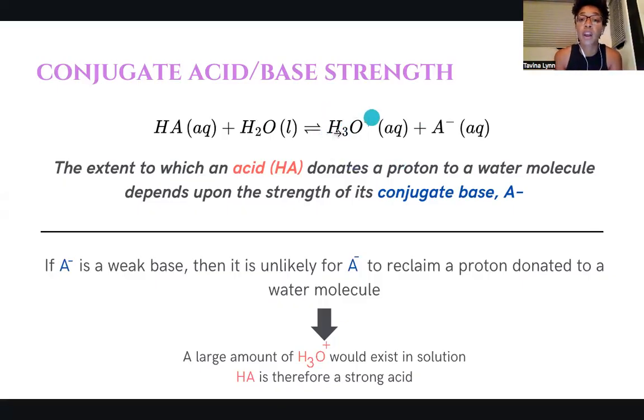And so we'd see a large amount of hydronium ions in solution. We'd see basically a lower pH, which corresponds to a strong acid.